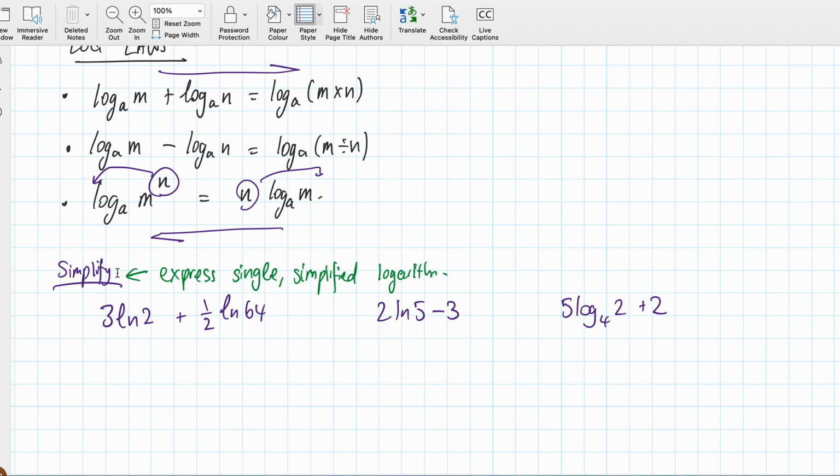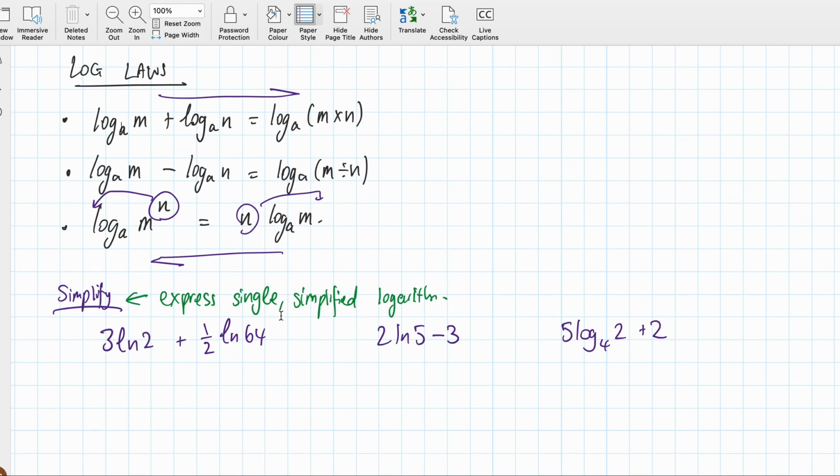Now you may note that we don't have a log written here, we've got something called ln. So let's go into what the ln means before we simplify these. ln is equal to the natural logarithm, and is linked to the e function, which is the natural exponential.